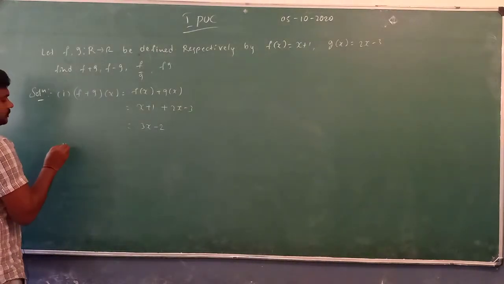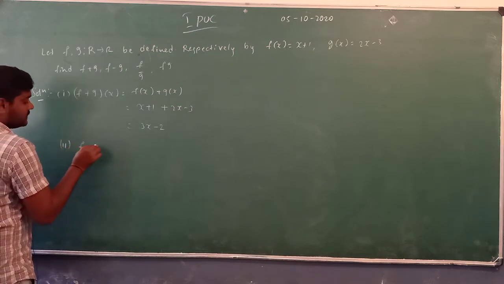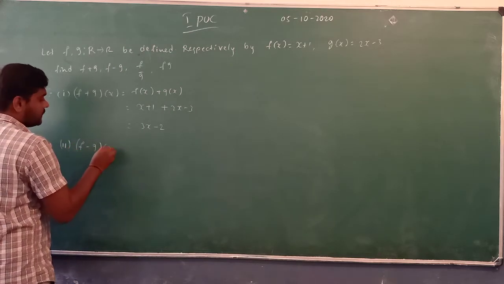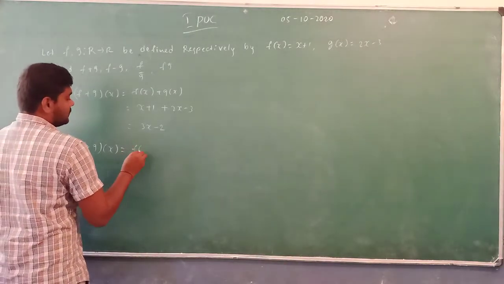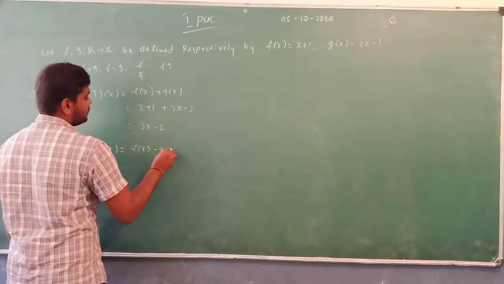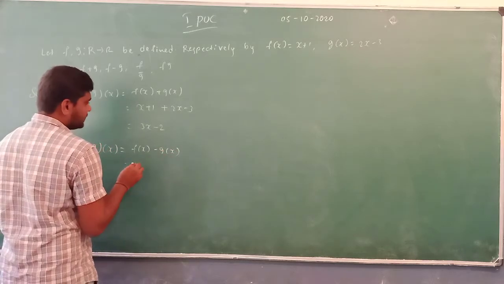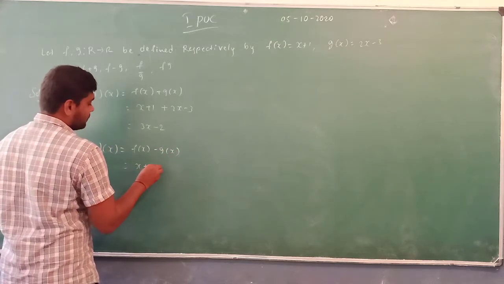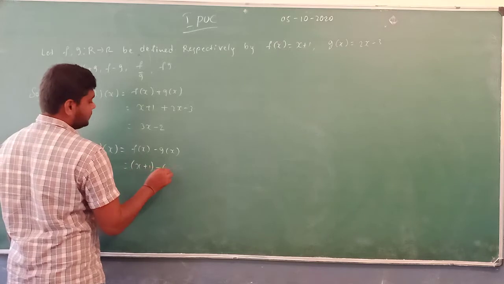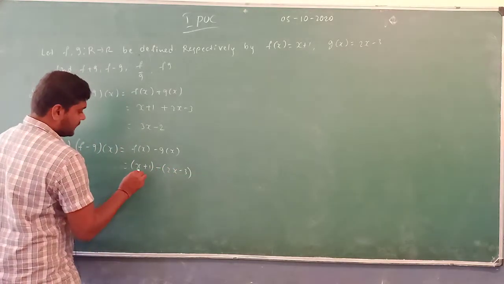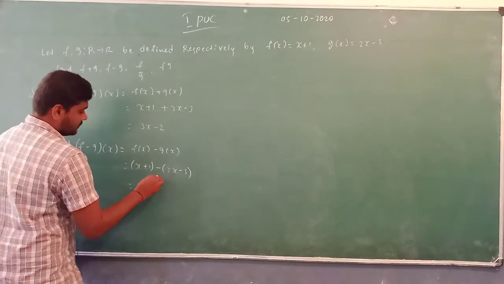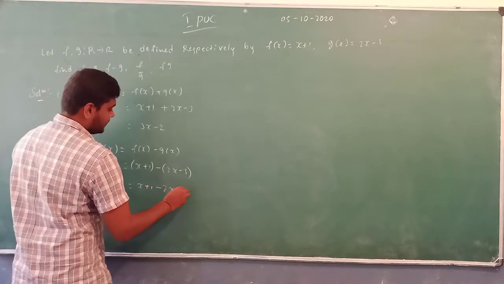Second one, that's going to be f minus g of x. So that's f of x minus g of x, which can also be written as x plus 1 minus, so minus we have 2x minus 3. So here we can write x plus 1, so minus 2x plus 3.